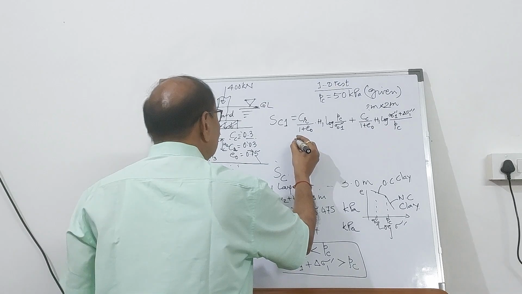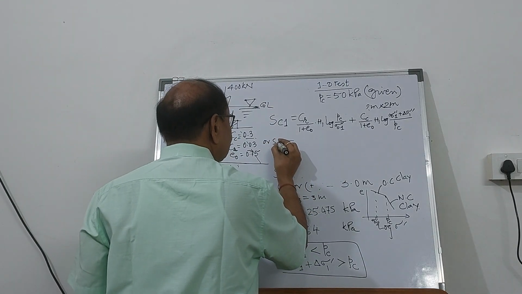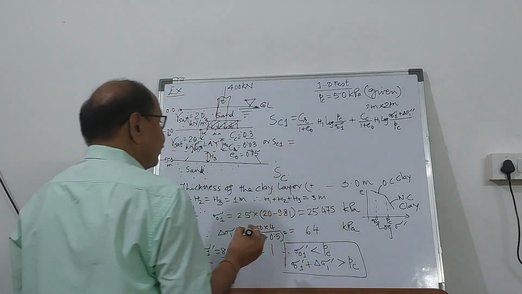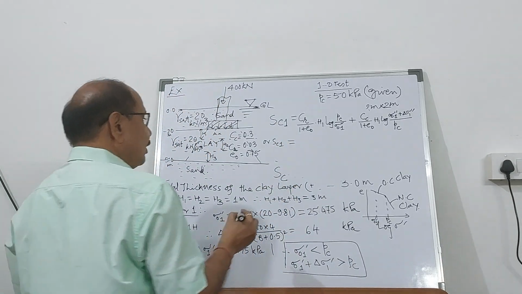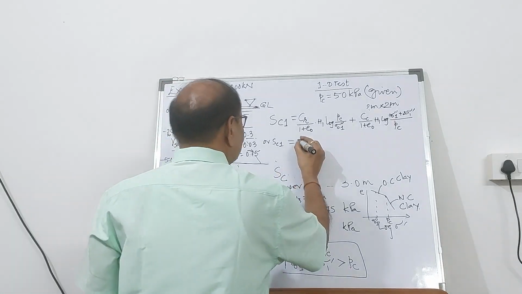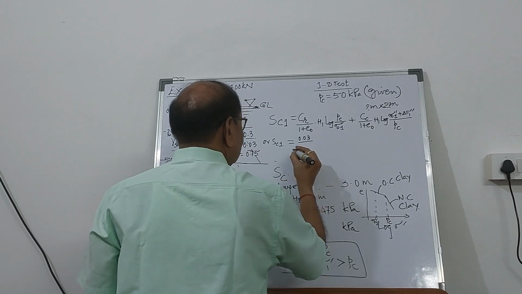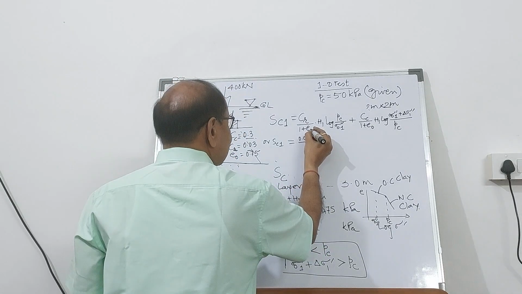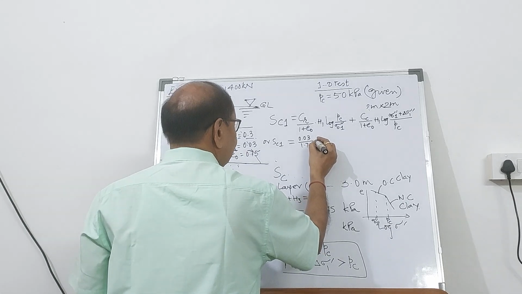Now, the value of CR, therefore SC1, the consolidation settlement of layer 1, will be equal to CR, which is 0.03, and E naught is 0.75, so it becomes 1.75.